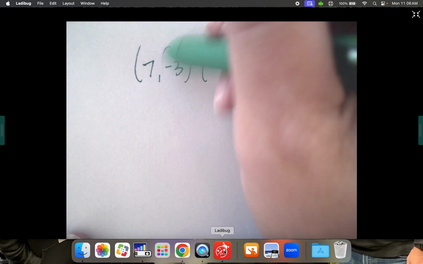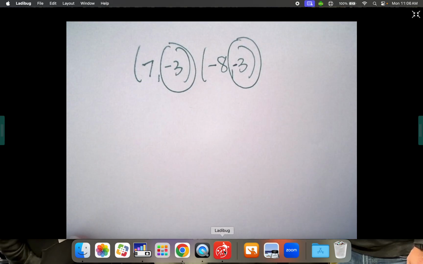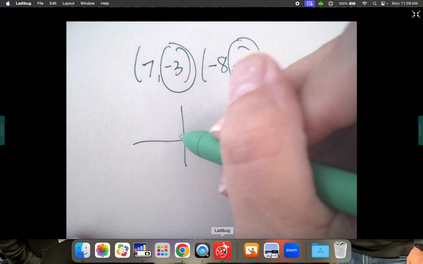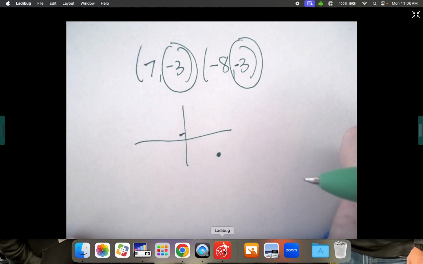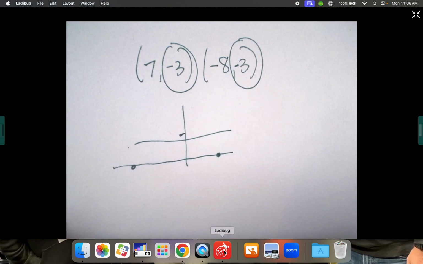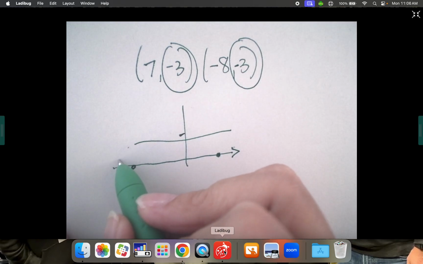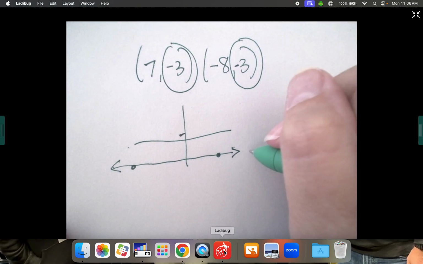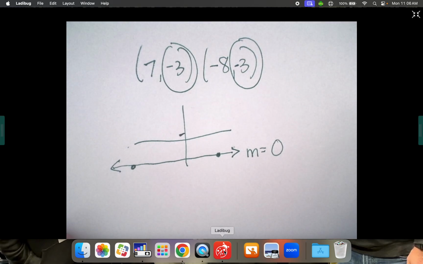If you have the same y, you need to picture what that's going to look like on a graph. 7, down -3; -8, down -3. This is going to end up being a horizontal line which has a slope of 0 every time.